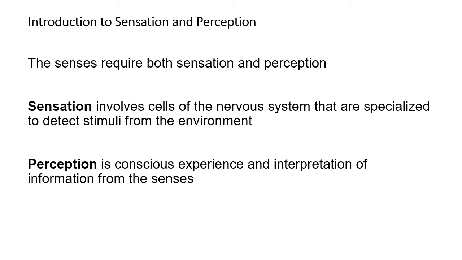The other side of it, just as important, is the perception side. Sensation activates these neurons, the electrical impulses fire into the brain, and our brain processes this information and interprets it into knowing what is going on in the world around us.